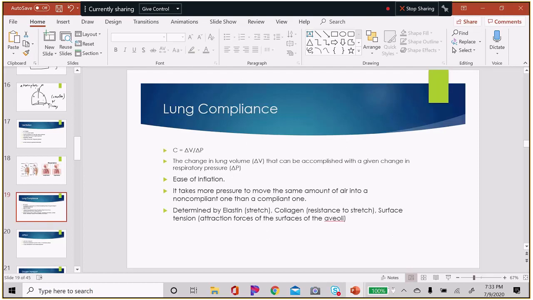The other issue, similar to what we talked about last class, is the compliance of the tissue itself. We talked about compliance in relation between veins and arteries last class. Things that have an increased pressure on them, like the arteries, had less compliance.